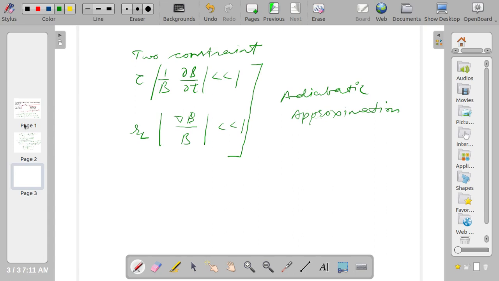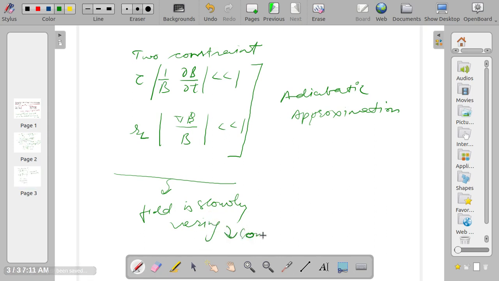Here, if the field is slowly varying, then some quantity remains constant.